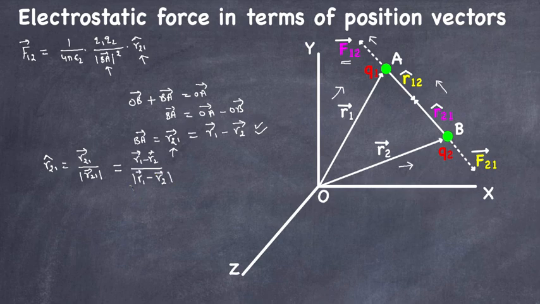Alright, so let's plug in these two values, the value of the unit vector R21 and the value of BA from here and here into this equation.